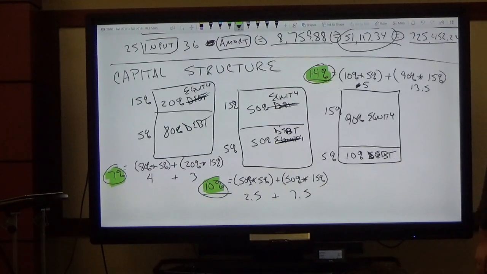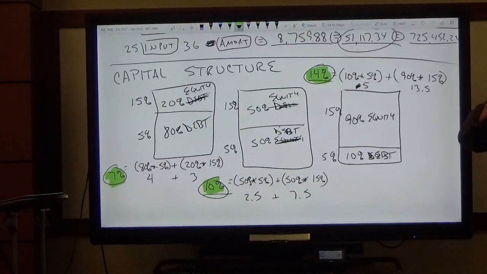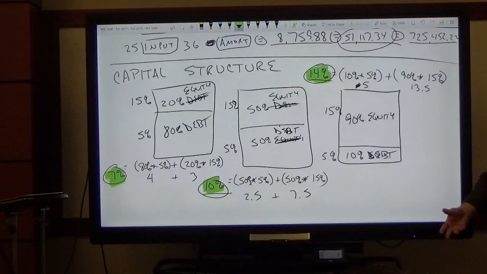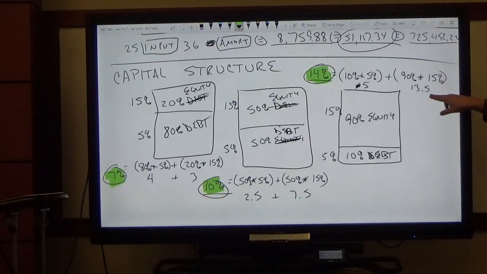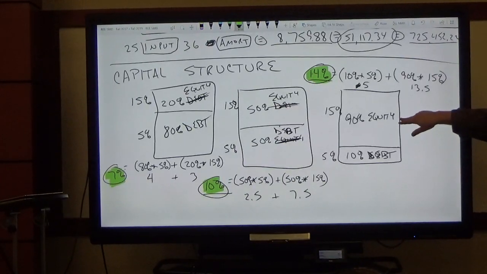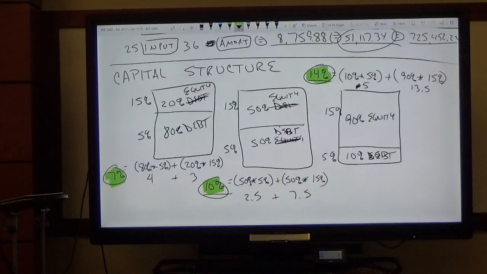If the project goes bad, really the only thing you are absolutely committed to is to pay off the debt. Now, if the project goes bad, you're also not going to be able to pay yourself back, but that's not what we're trying to focus on here.